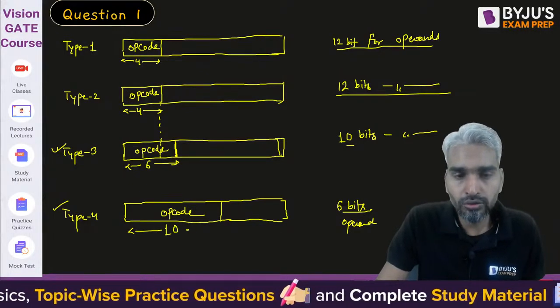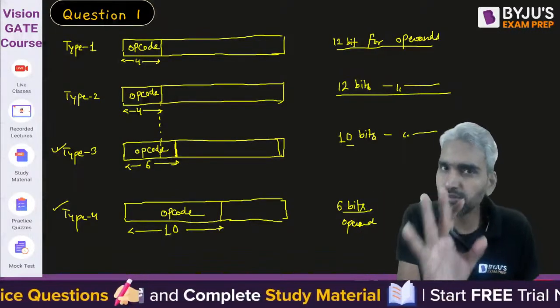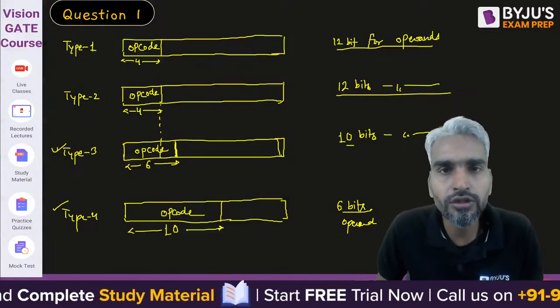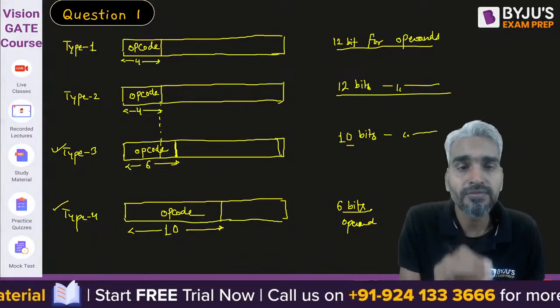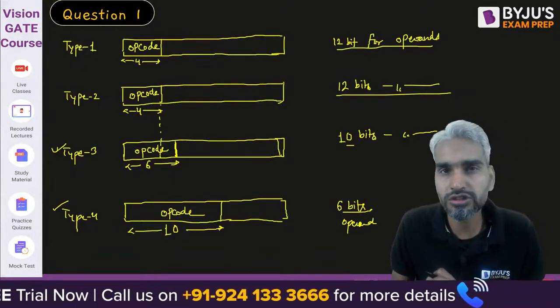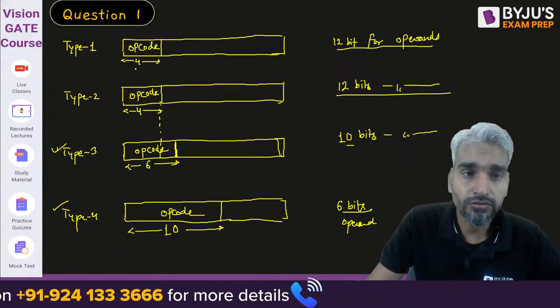So you now understand how you can solve the problem. Once you identify the structure, how many bits will be required in the opcode field for an individual type of instruction, you will be able to identify in what order this particular question needs to be solved, right? So type 4, 4, 4, 4. So 4, 4 for these two.